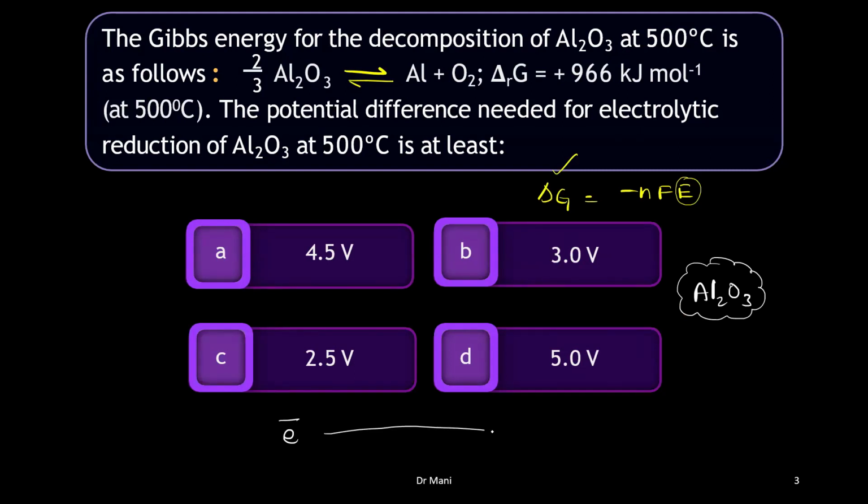Those electrons are transferred so that they get reduced. At some electrode the oxidation will happen and release certain electrons. Those electrons will pass to the place where the reduction is happening. So I need to find out what number of electrons are moving, and I'll get that from this reduction reaction. You understood?